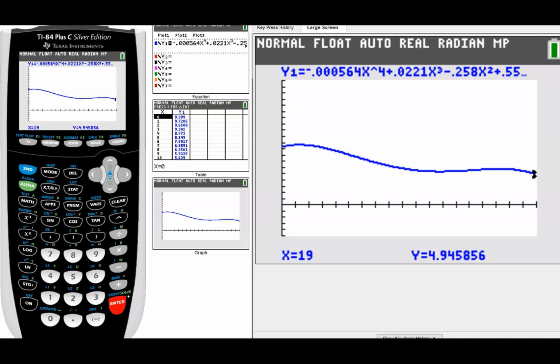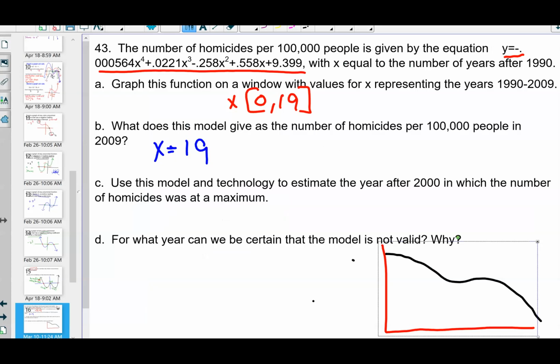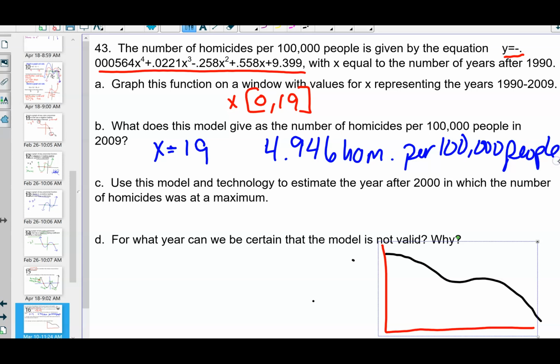So that's what I'm going to write here: 4.946 homicides per 100,000 people. Always have words on that with your number.